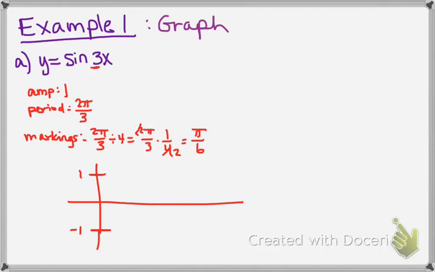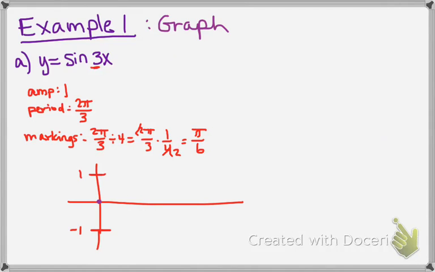it's a sine curve, so that tells me I do start at 0, 0. Remember, that is my starting point when graphing a sine. So I'm going to start there at 0, 0. And then I need to figure out where those markings are, there's always going to be 5 key points.